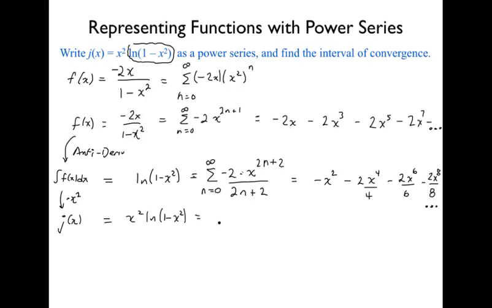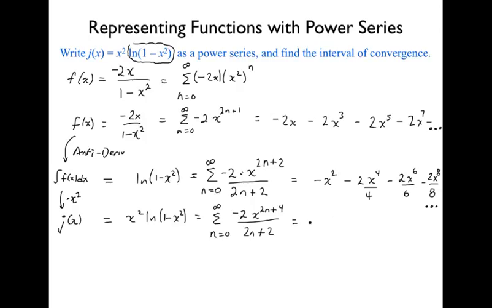And then we're going to multiply this by x squared. Negative 2 x to the 2n plus 4. Right? We just multiply by 2 more x's. It should be 2n plus 4 over 2n plus 2. And then this simply gets multiplied.